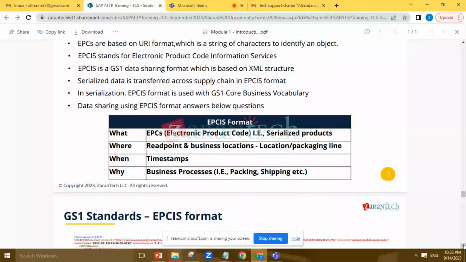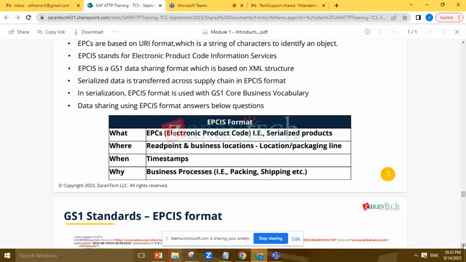The receiver will understand there are 100 EPCs or 100 objects, where exactly these objects were scanned or manufactured, and when they were manufactured. The file will have a timestamp, and why: which business process it was.